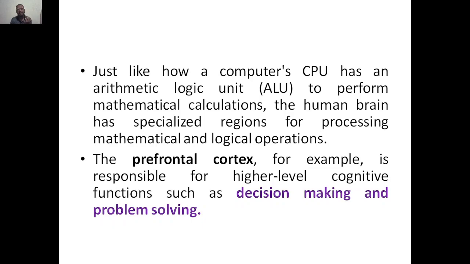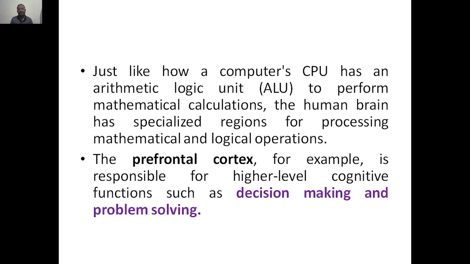In the brain we have specialized regions for processing particular mathematical or logical operations or any kind of tasks, whereas the CPU has an ALU. So we are comparing based on the architecture. Here it is specialized regions, here it is the arithmetic logic unit, to perform specific tasks like mathematical calculations or logical operations.